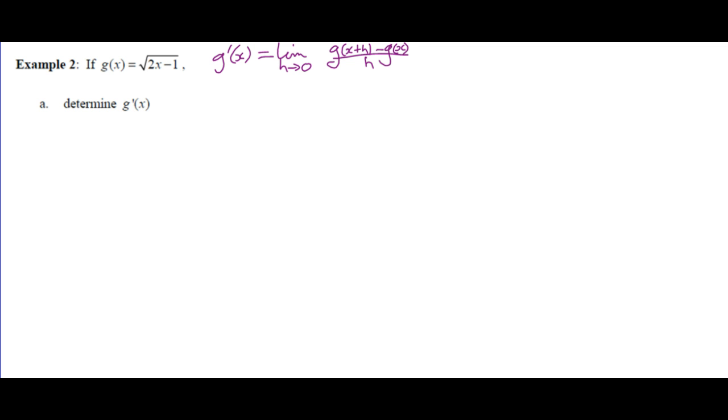So we're just doing the general one here, right? We're not doing g prime at 4 or something. If we want g prime at 4, then when we're done, we can just stick a 4 in. Stick a 4 in it, it's done.